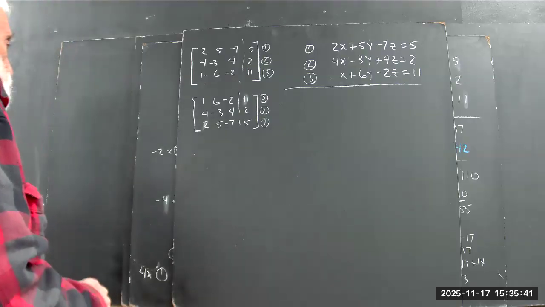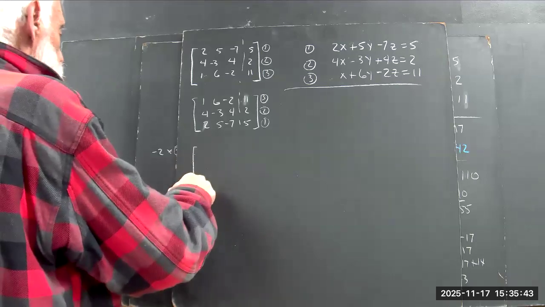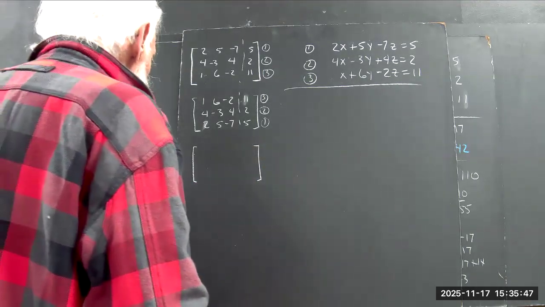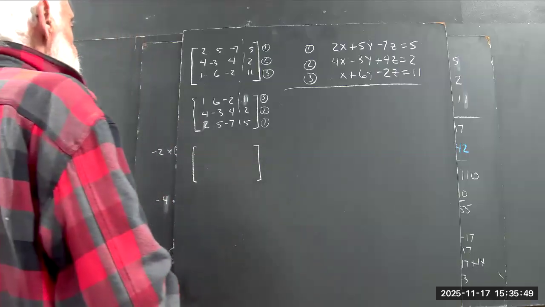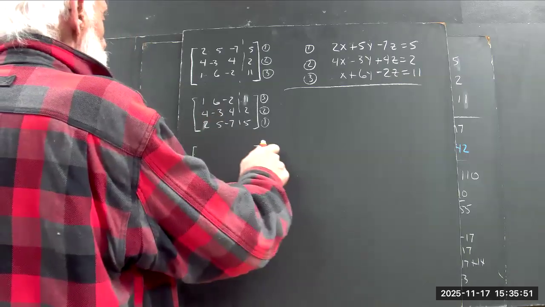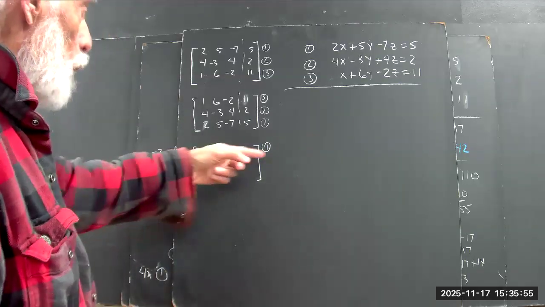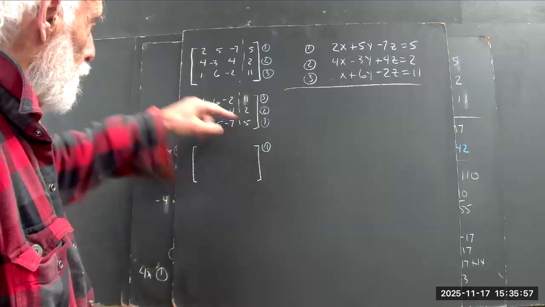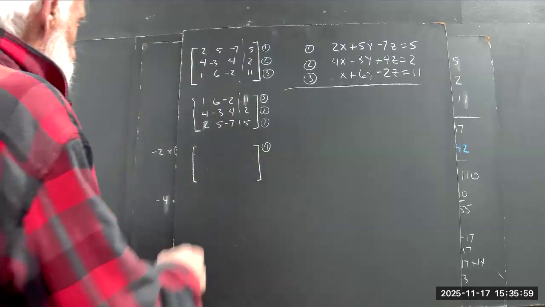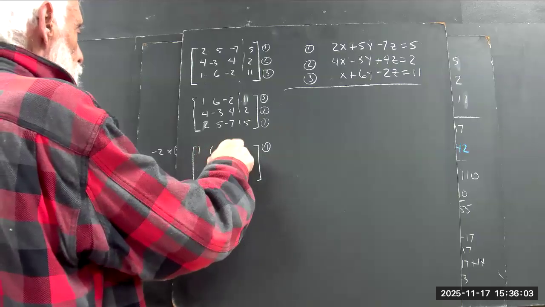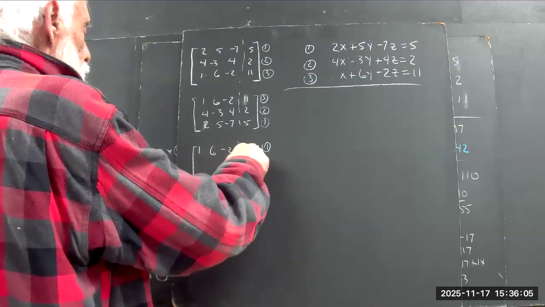Now what I want to do is label this row 1, meaning that this is row 1 from the previous matrix. It's still going to be 1, 6, negative 2, 11.